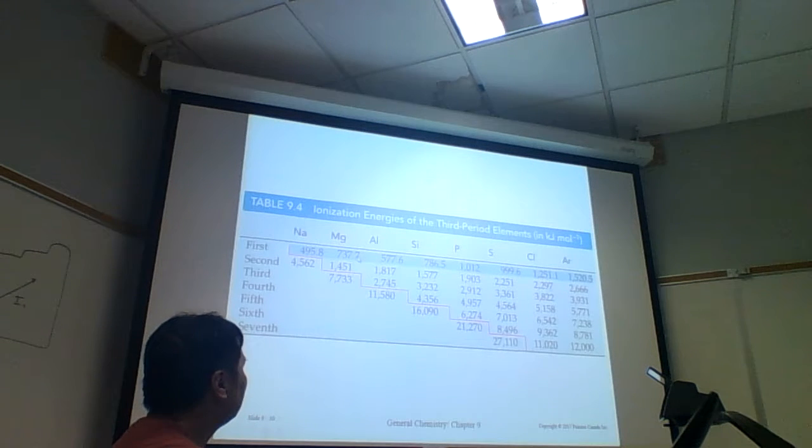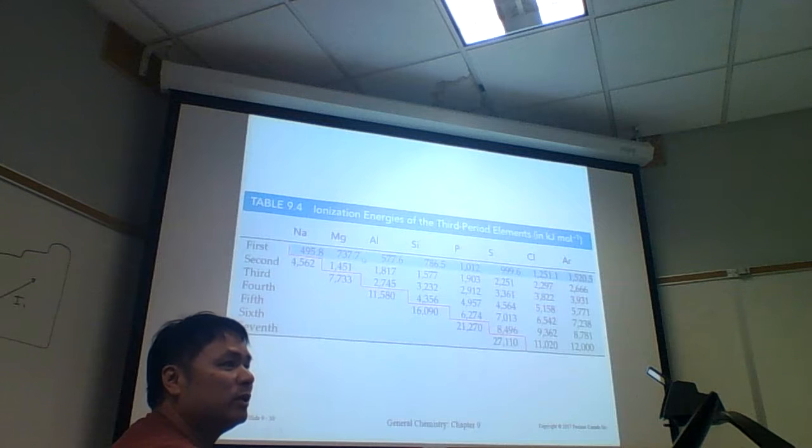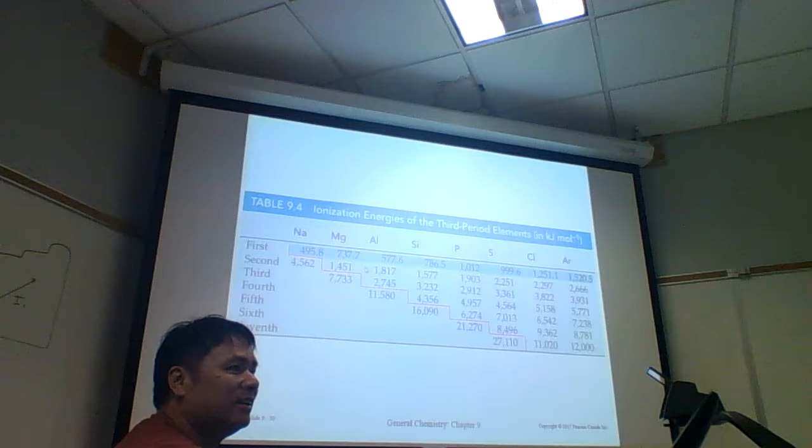Magnesium has to pay 700, and then another 1,400, so altogether over 2,100 kilojoules. So that's like saying, magnesium, you pay me over $2,100 to go from magnesium to magnesium 2+. Would you want to do that? No, why bother? Why not just stay as magnesium? If you stay as magnesium, then you have $2,100 left in the bank. So why would it do that?